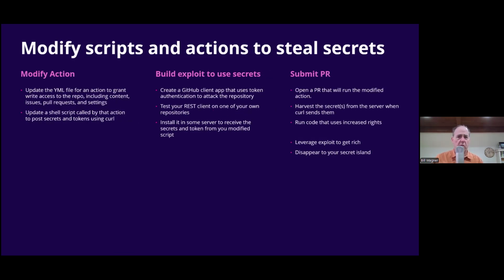All right, now next I'm going to get even more evil. I'm going to modify the action. Okay, I'm going to grant write access to the repo, including contents, issues, pull requests. I can even modify settings if I want. Okay, now I'm going to update a shell script that's called by the action, or maybe even write my own new shell script and add it to the PR. And I'm going to post those secrets and tokens using curl.